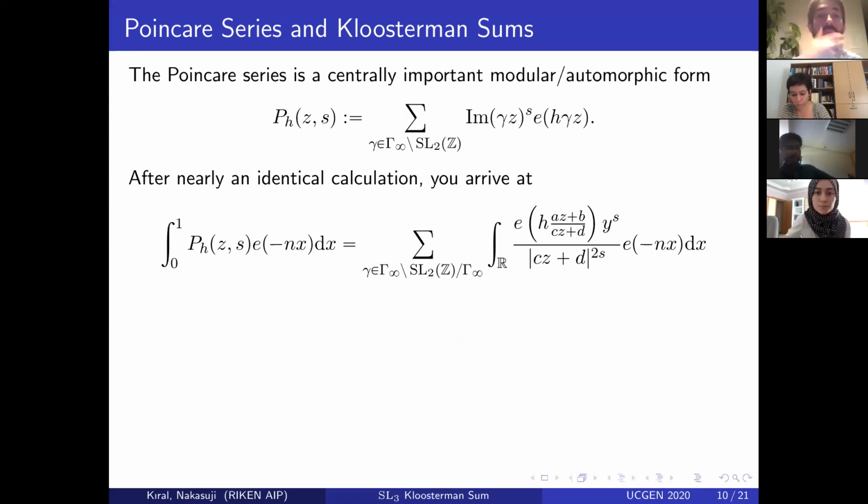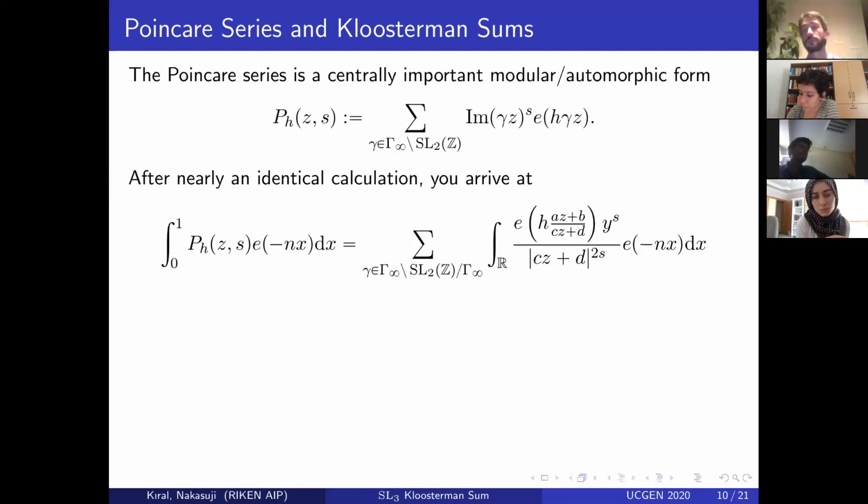These are centrally important in the study of automorphic forms. Well, you'll have to trust me on that. They are used all the time in, for example, the inner product of a Poincaré series with any other modular form would give me, for example, this p_h. If I take an inner product of p_h with f, I do get the hth Fourier coefficient of f.